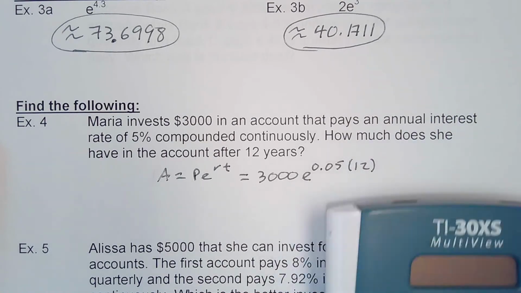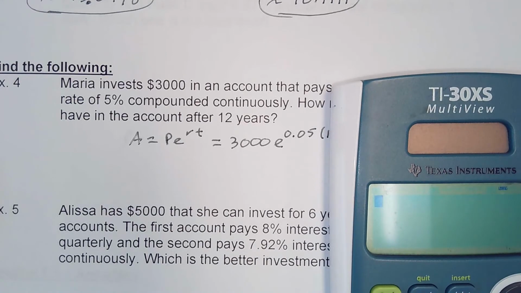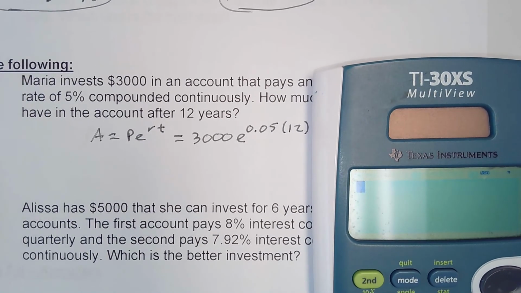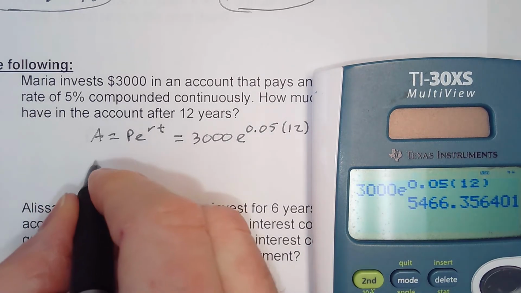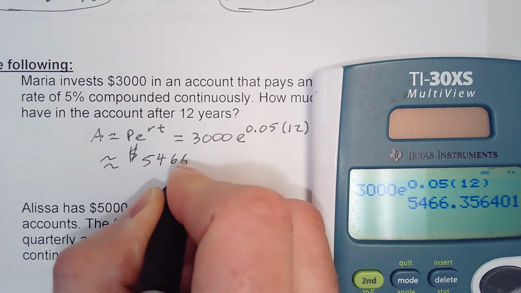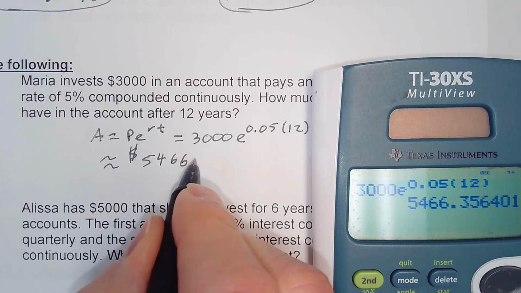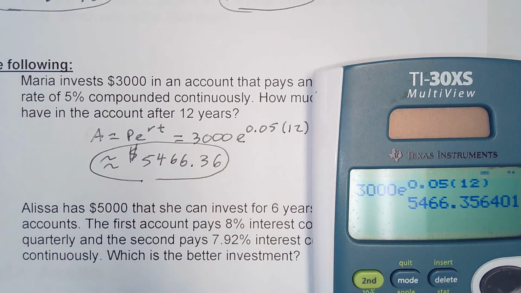And then we're just going to pop that into our calculator. Rounding it off, we would say that's $5,466.36. Since the place to the right of the 5 is 6, I have to add 1. It's 5 or higher.